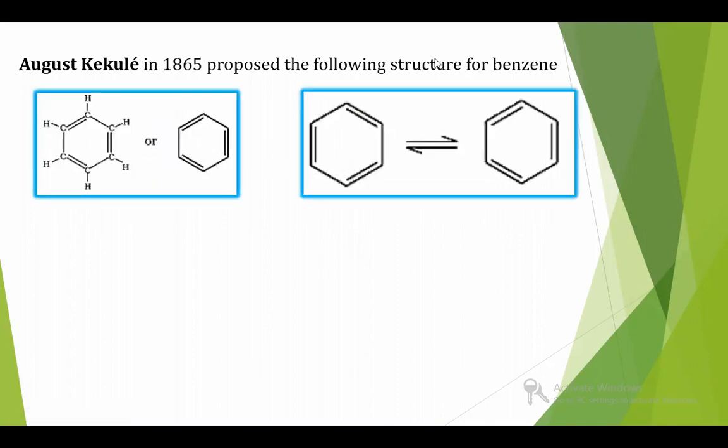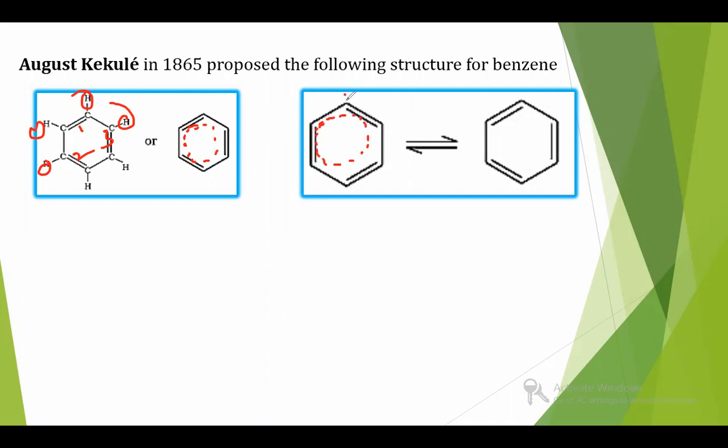These are the two structures. In the first one, carbon has alternate double bonds, so 1, 2, 3 double bonds, and the hydrogens are identical with each other. In his dream, he saw the serpent trying to catch its tail, which is nothing but these double bonds being rapid in movement.